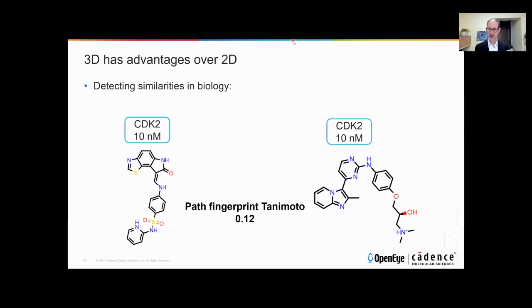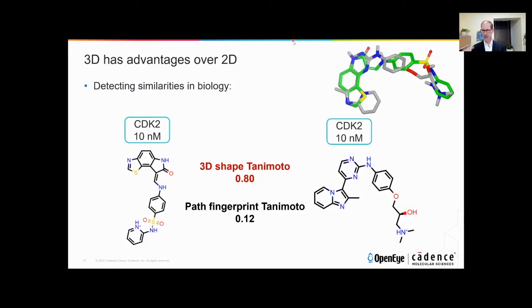If we compute the shape Tanimoto between these two molecules, it's 0.8 on a scale of 0 to 1. So they're much more similar in shape than they are in 2D. So in this anecdote, we're seeing the alignment of these two molecules reflecting a high similarity in shape that reflects the high similarity in biology. So the similarity in biology is detected with the 3D approach, but not detected with 2D.